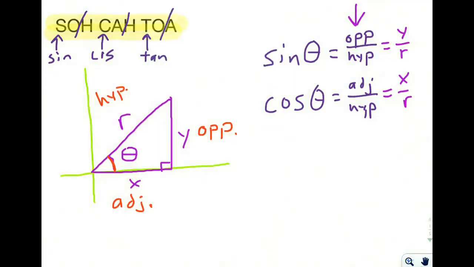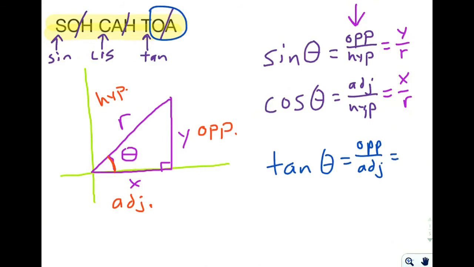And then finally, our tangent does not use the hypotenuse. It is opposite over adjacent, or y over x. Another way to think of the tangent is actually the sine divided by the cosine. If you were to take sine divided by cosine, you would end up getting tangent.